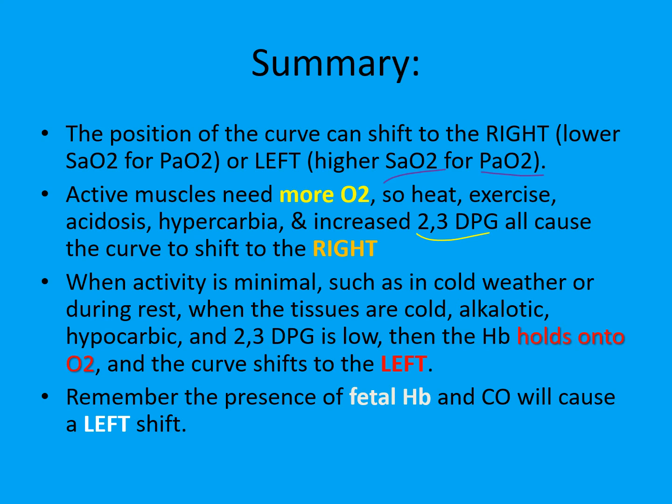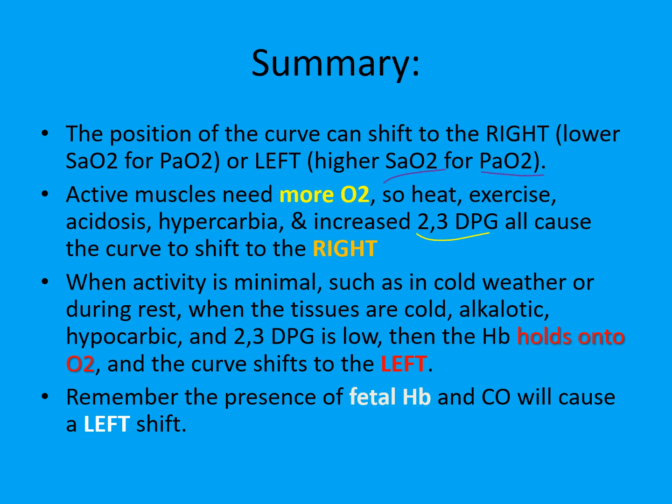If your activity is minimal, or if you're outside in cold weather and you're not shivering, right? Assuming you're not shivering, your tissues are going to be cold, more alkalotic, hypocarbic because you're not producing a lot of CO2 because your metabolism slowed down. 2,3 DPG is low, so you have more affinity to hold on to oxygen, and you're going to be more of that left shift.